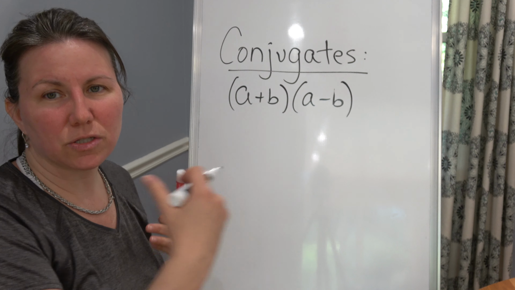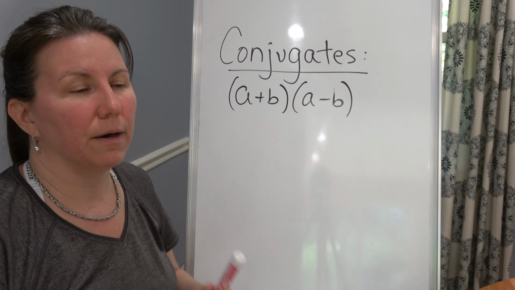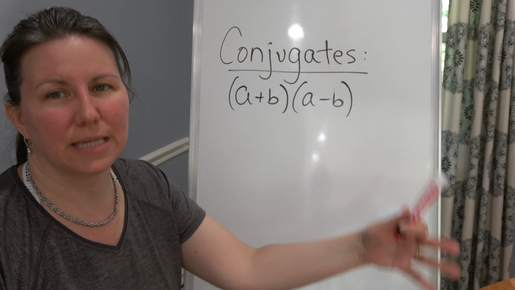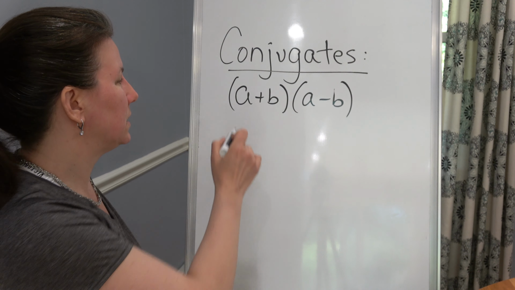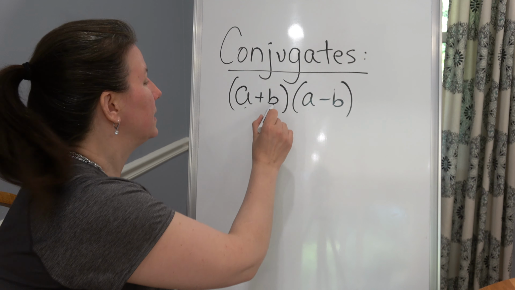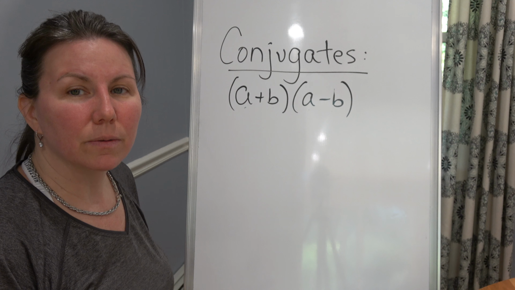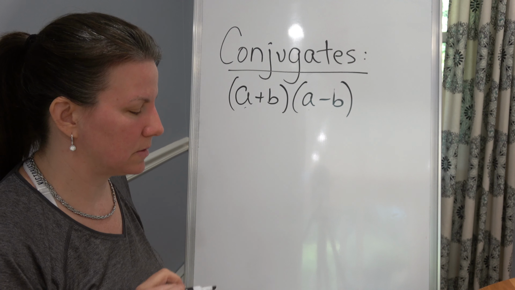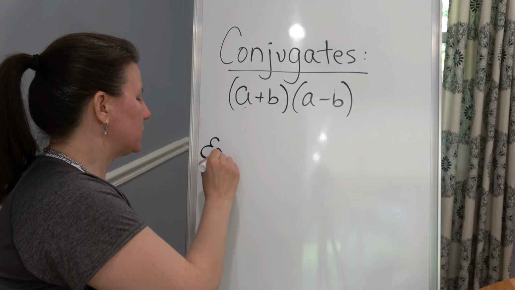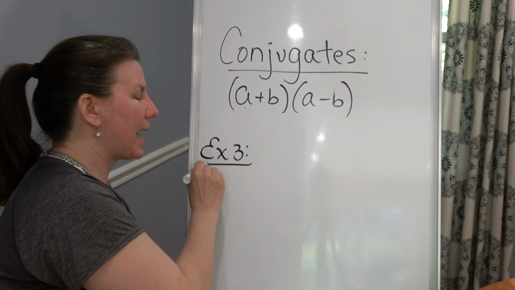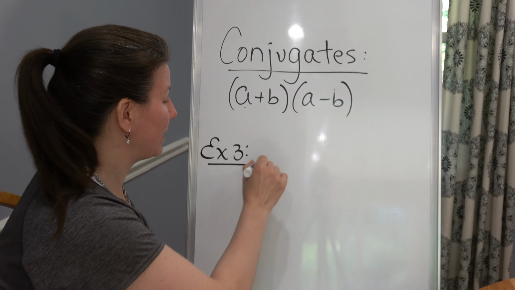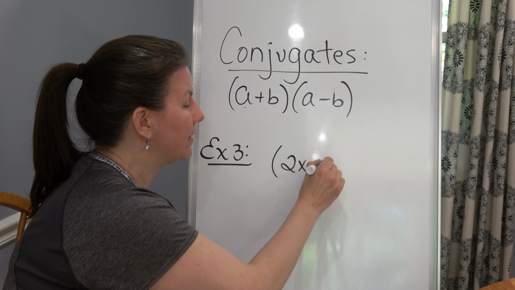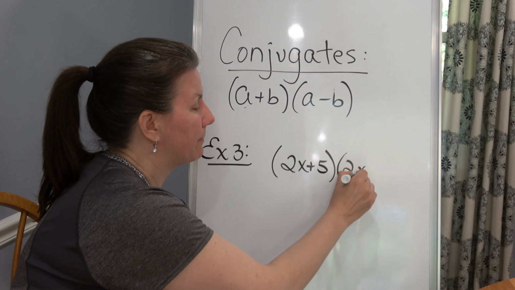It could be anything. It could be x plus 3, x minus 3. 5y minus 7, 5y plus 7. Okay, so these two things have to be the same. These two things have to be the same. The interesting thing is what happens when you multiply conjugates. So here's an example of conjugates. And let's see what happens when we multiply them. Okay, we've got 2x plus 5 times 2x minus 5.